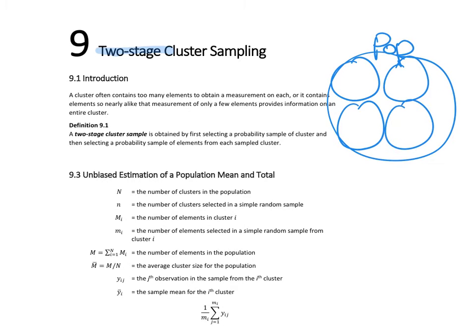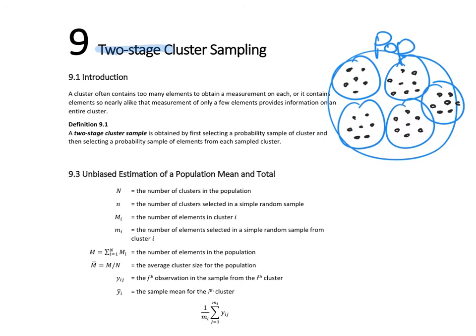It's like this way, and in the clusters there are some elements here. It's like this. Simply we can think about the people. For example, it's students in each college, and there are so many students in each college.